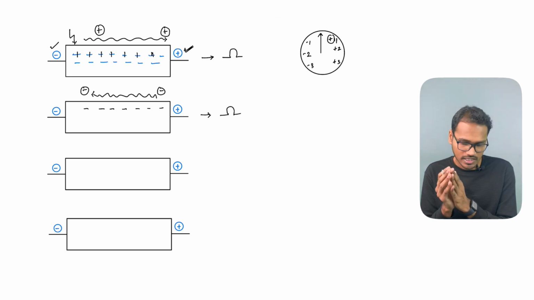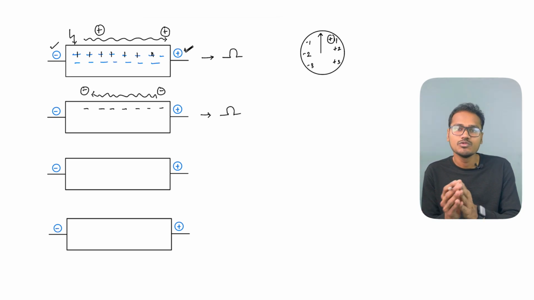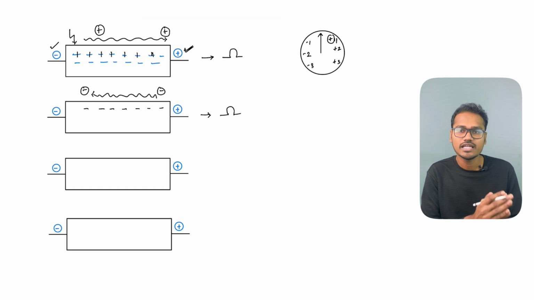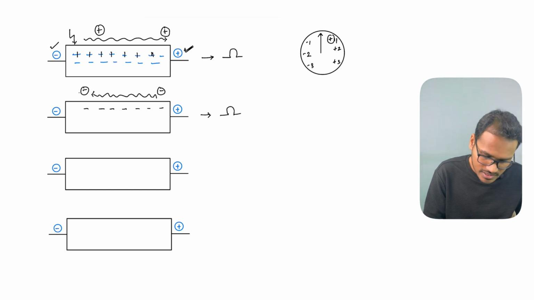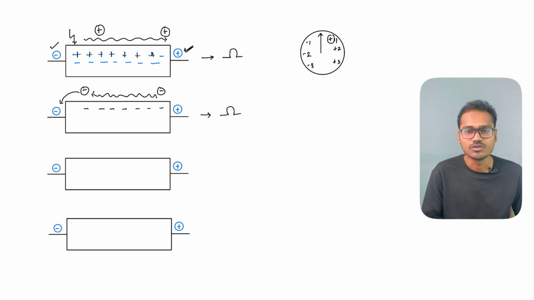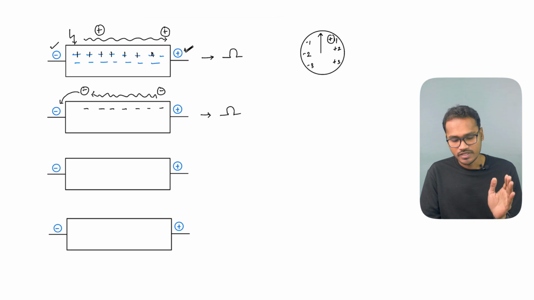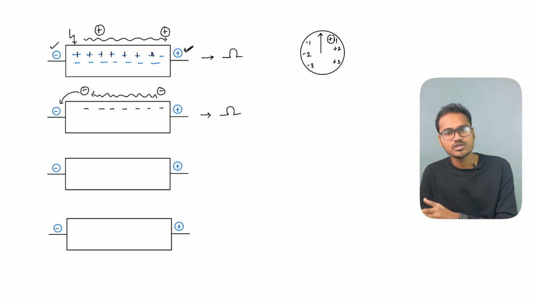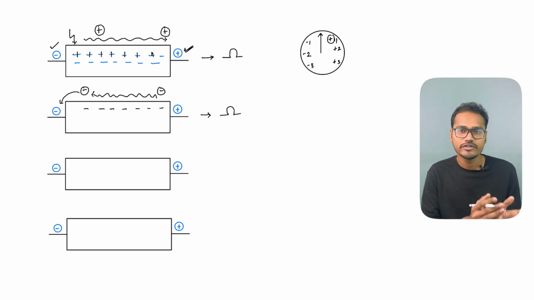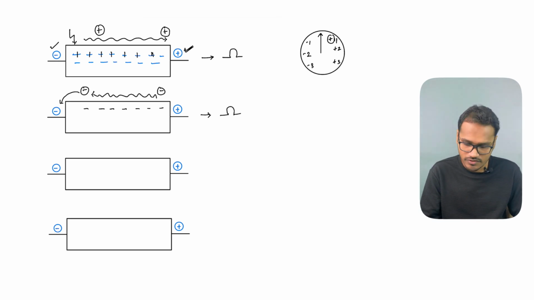Why is it so? Because whenever the charges are moving towards the specific electrode, for example, the negative charges are moving towards the negative electrode, then the deflection will be positive. If the positive charges are moving towards positive or the negative charges are moving towards negative, then the circuit is in a complete proper connection. So the deflection will be positive in case of both.